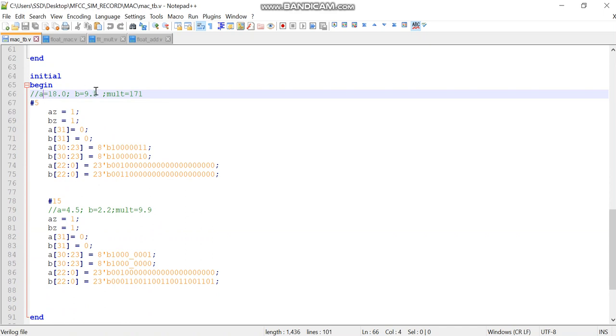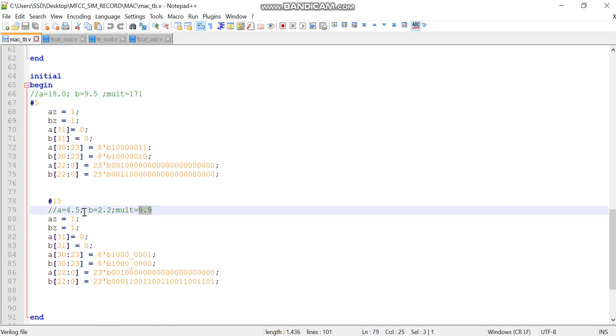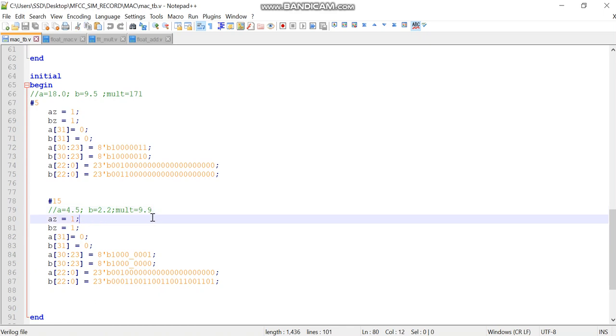That is, these two numbers should be multiplied and added to 0, that is 171. And then in the next clock cycle, the next set of inputs were 4.5 and 2.2, which results in the multiplication of 9.9. So our final result should be something like this: 0 plus 171 plus 9.9, which results in 180.9.